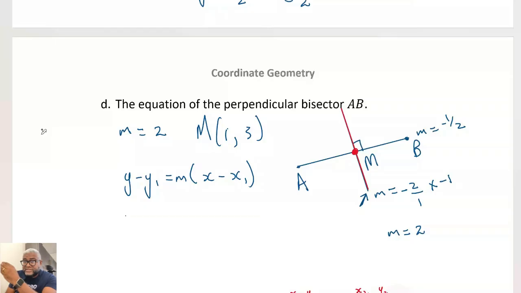Substitute in what is m, what is x1, what is y1. Y subtract 3 is equal to 2, x subtract 1. That's 3.